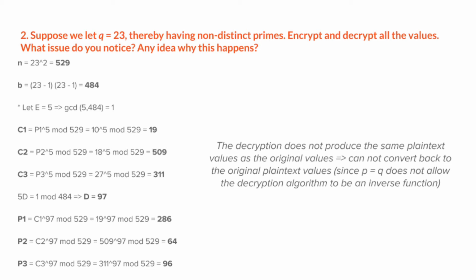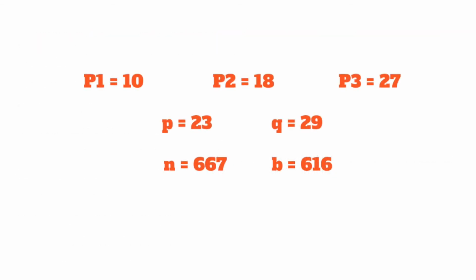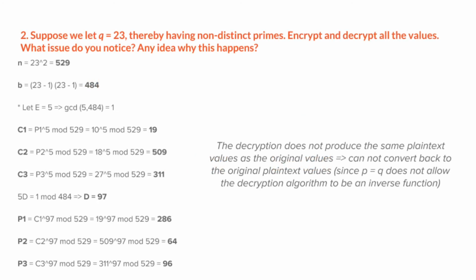But the issue we see is that when we decrypt, the plain text values we get out are not the same as what we started with. We get 286, 64, and 96. If we go back 2 slides, we'll notice our P values are 10, 18, and 27, which is not the same as what we get here.